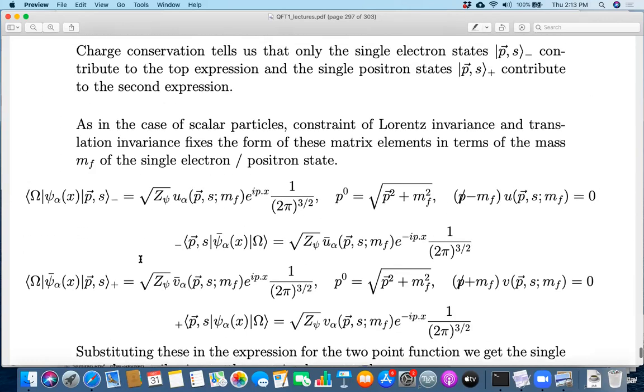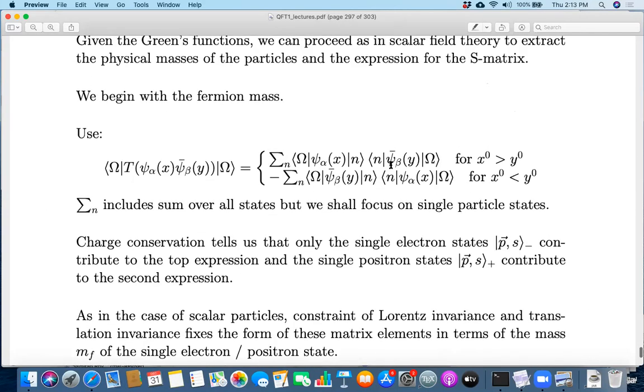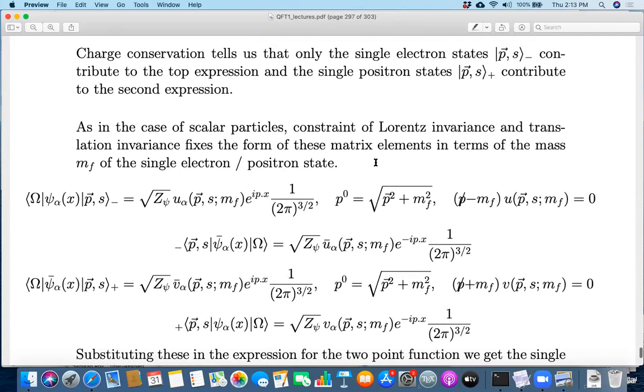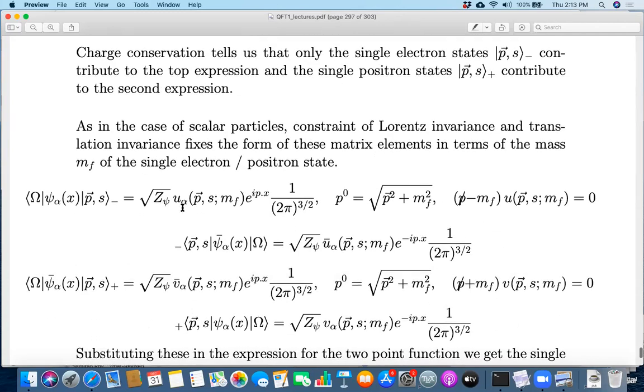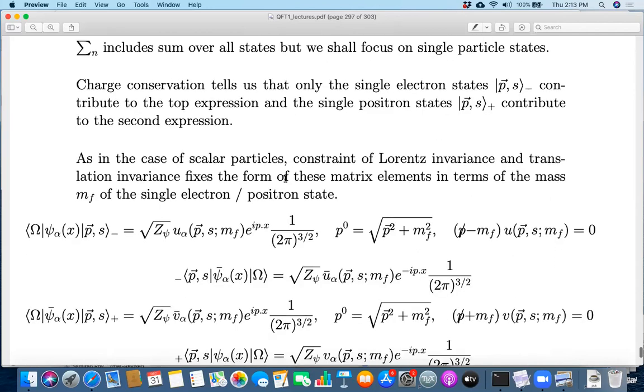So now all you have to do is take this and substitute here, where in the sum over n you restrict to single particle states, and it's clear what the result should be. Because if z psi had been 1, you would have gotten the free fermion propagator, the single particle contribution would have given the free fermion propagator, but with mass mf. The effect of square root of z psi in these expressions is that there will be 2 factors of square root of z psi, one from here, one from there.